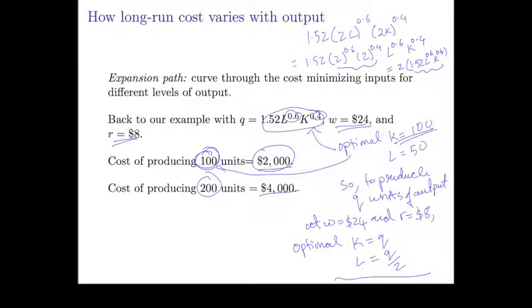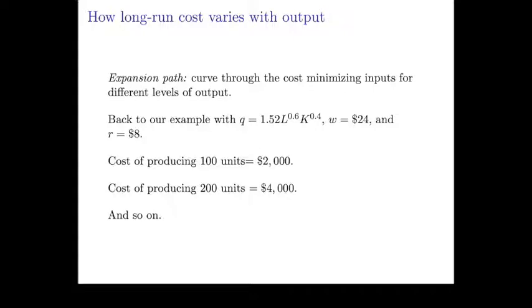And then given that, we're going to use the fact that this is a constant returns to scale production function to conclude that whenever you want to produce Q units, you just need to use Q units of capital and Q over 2 units of labor. Okay, so the cost of producing 100 units is going to be 2,000. So the cost of producing 200 units is 4,000 and so forth.